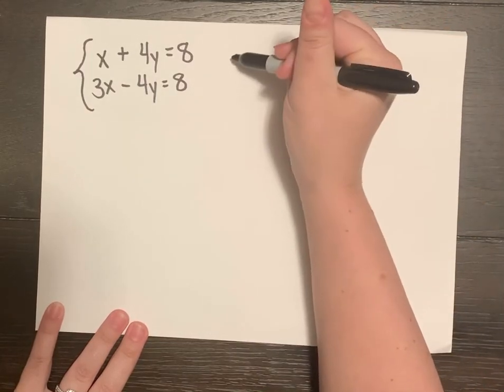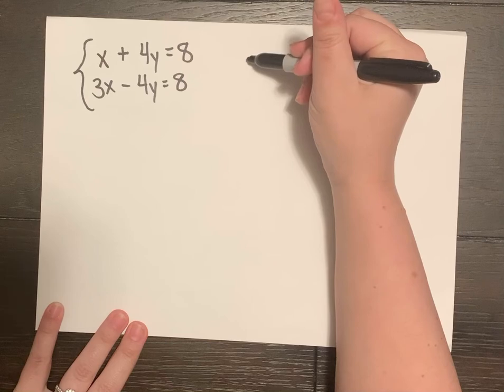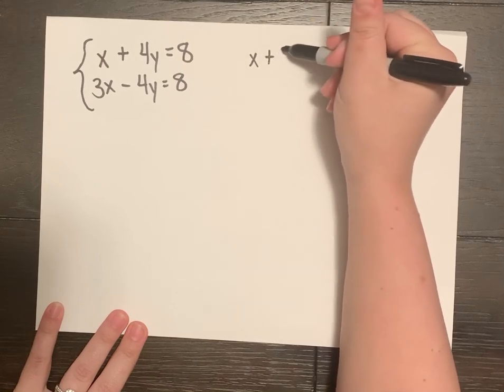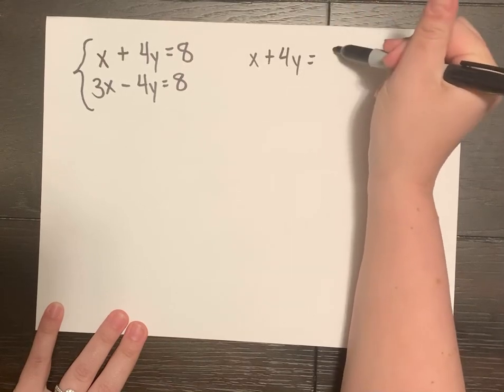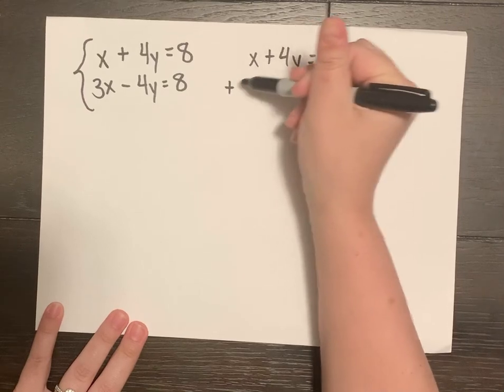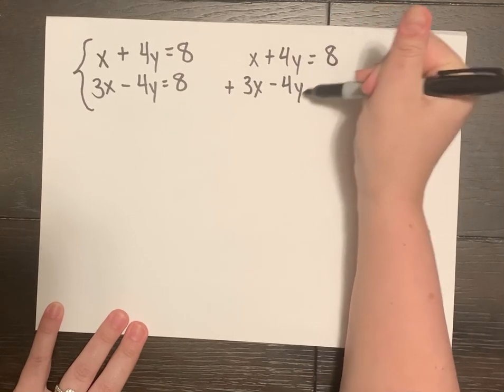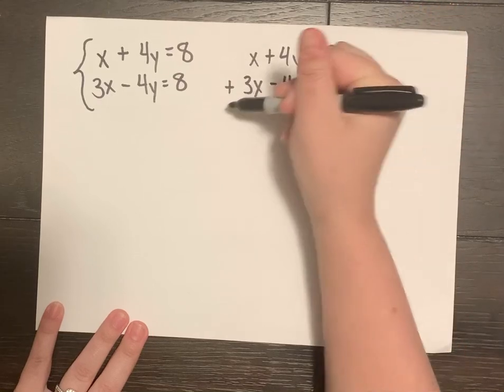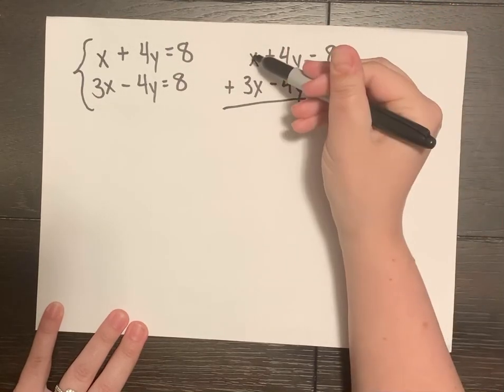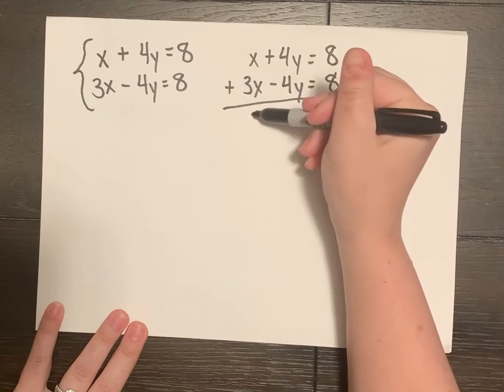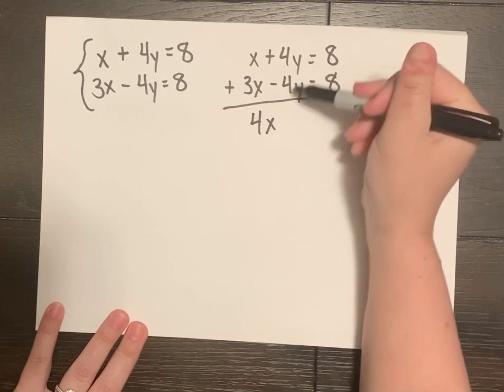So if I wanted to do this, I could say x plus 4y equals 8 plus 3x minus 4y equals 8. Just going to add them. I have x plus 3x gives me 4x.